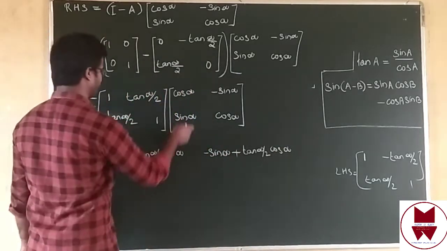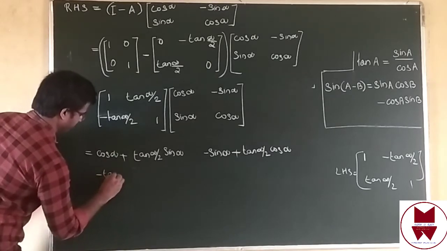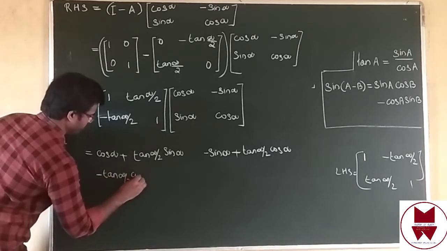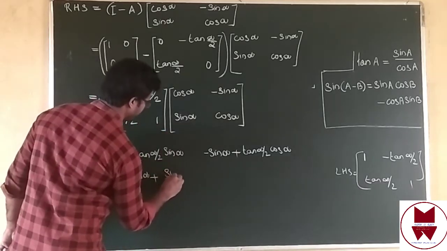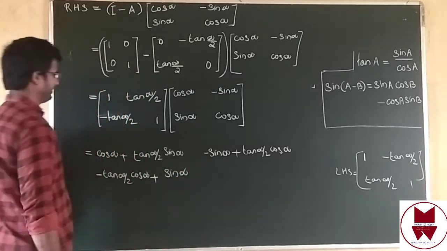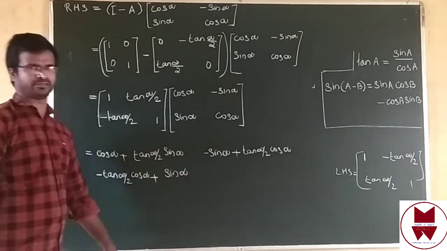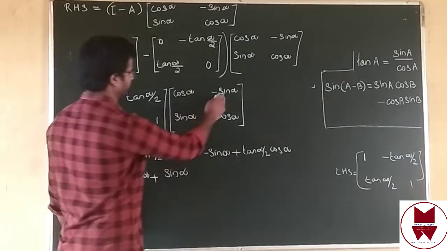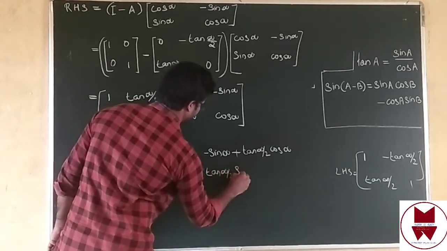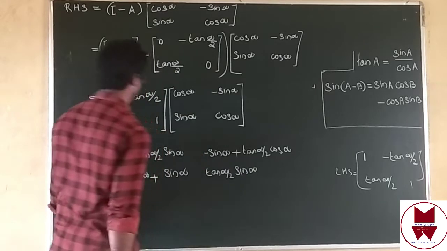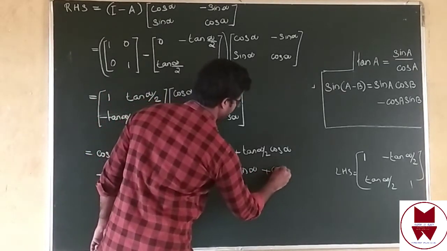Then second row, first column: minus tan alpha by 2 cos alpha, plus 1 into sin alpha is sin alpha. Then second row, second column: minus into minus is plus, tan alpha by 2 sin alpha, plus 1 into cos alpha, that is cos alpha.